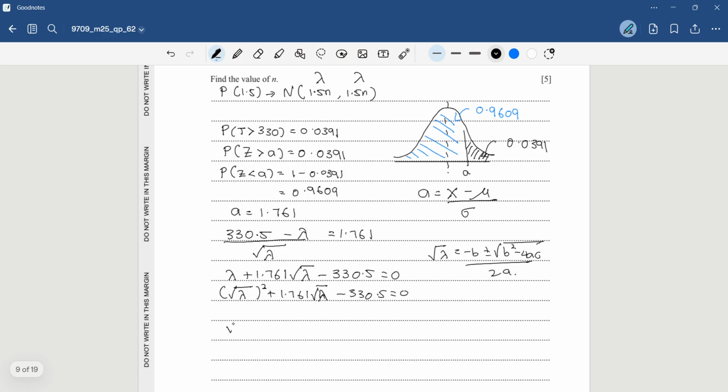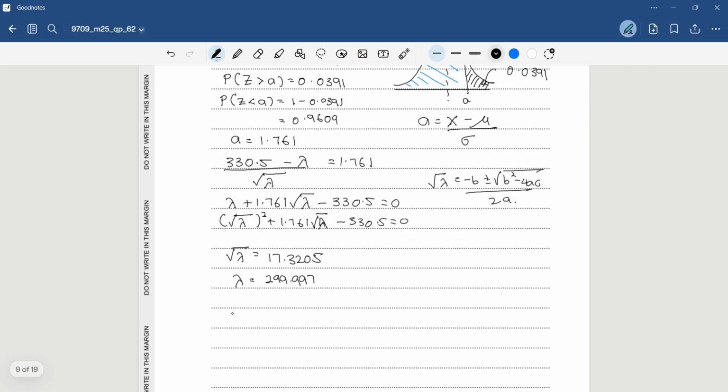Therefore you will get root lambda equivalent to 17.3205. Therefore my lambda will be 299.997, where lambda is 1.5n. Therefore 1.5n equals 299.997, so my n will be 200.